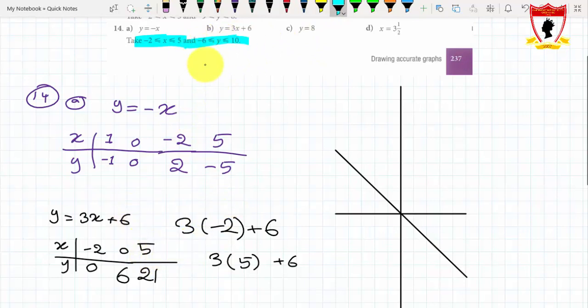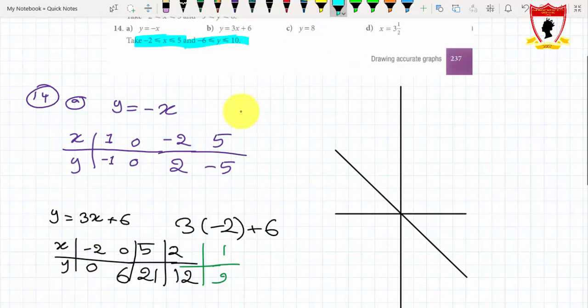So we're going to pick another value for x. Let's say 2. If x be equal to 2, y will be 3 times 2, 6, plus 6, 12. It's also exceeding. If we put 1 in place of x, 3 times 1 is 3, plus 6 is 9. So 1 and 9. This is a good one.